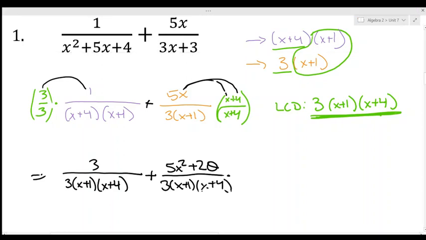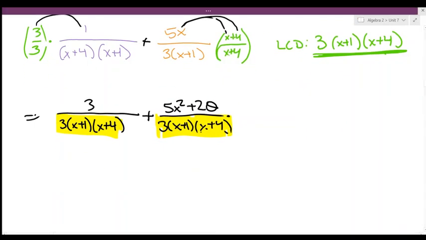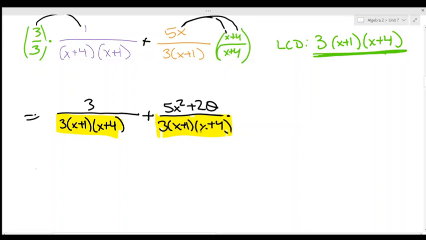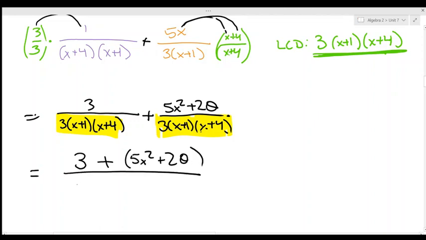Now, my denominators match. They have all 3 of the terms they need. So that means I can add the tops. Okay? So this gives me 3 plus 5x squared plus 20x over 3 times x plus 1 times x plus 4. Now, the reason why we write parentheses around our back fraction is so we don't accidentally distribute wrong when we are subtracting in the future.